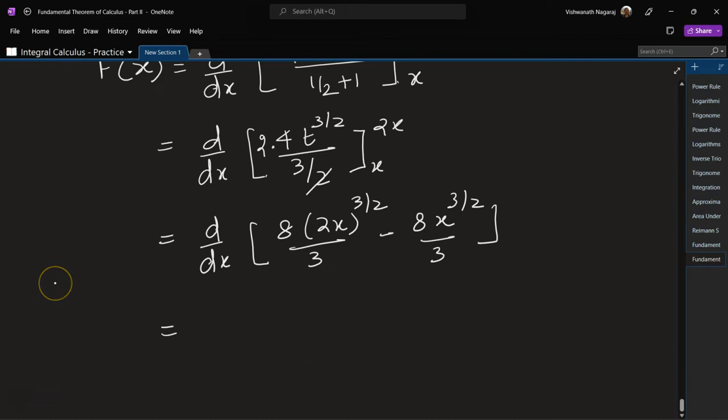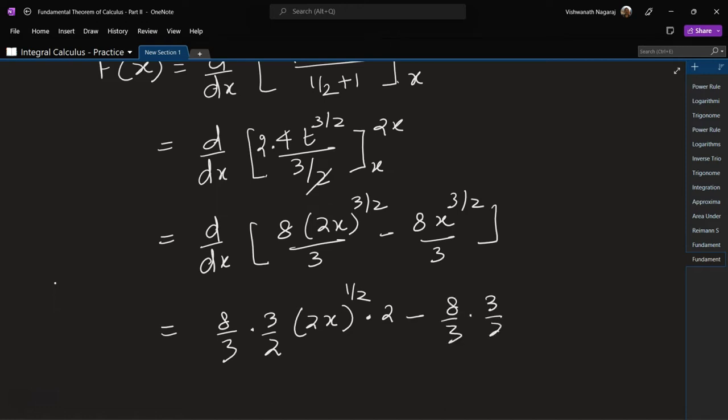Now let's differentiate this. 8 by 3 times 3 by 2 times 2x to the power of 3 by 2 minus 1, that is 1 by 2, times 2, because if we differentiate 2x we get 2, minus 8 by 3 times 3 by 2 x to the power of 3 by 2 minus 1 by 2, which is 1 by 2.